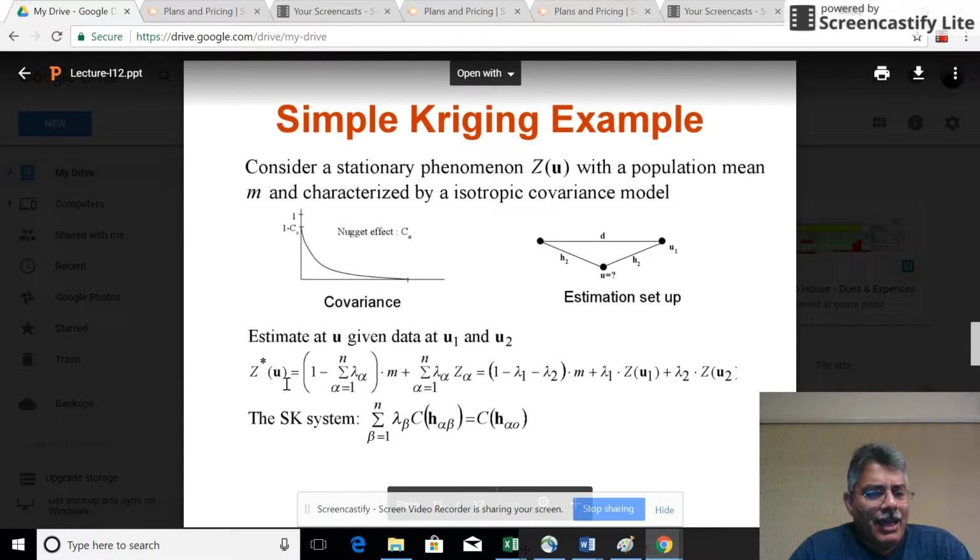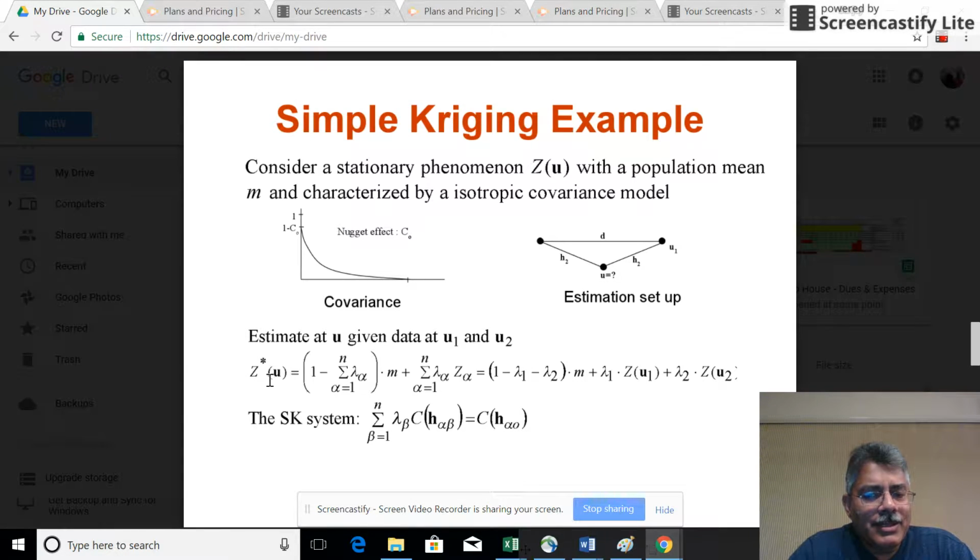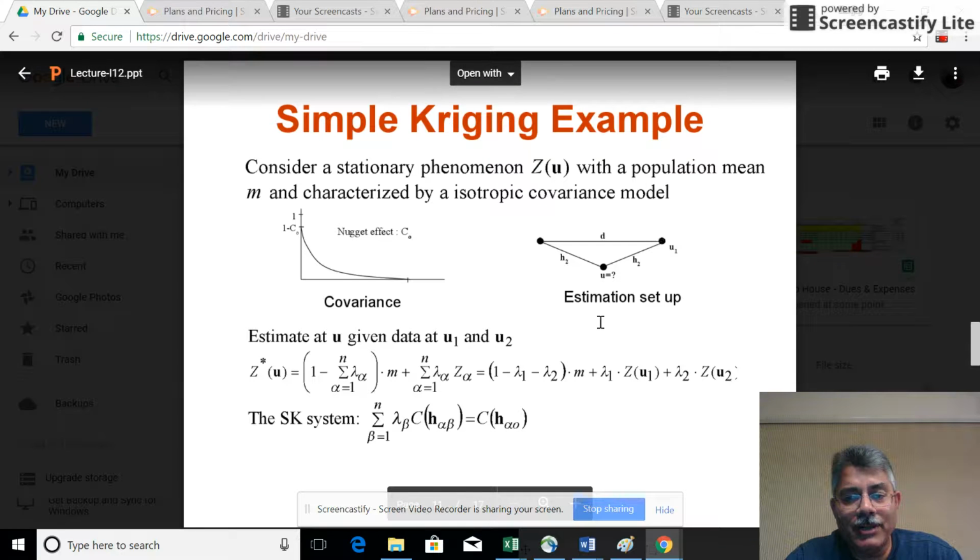So I go back to my kriging estimator. This is the form of the kriging estimator that we had. In this case, I'm assuming that the mean everywhere is constant. So remember, I told you that in that case, lambda 0 becomes 1 minus summation of lambda alpha times m. And then you have this lambda alpha times z alpha, the weight assigned to the data. In this case, there are only two data locations.